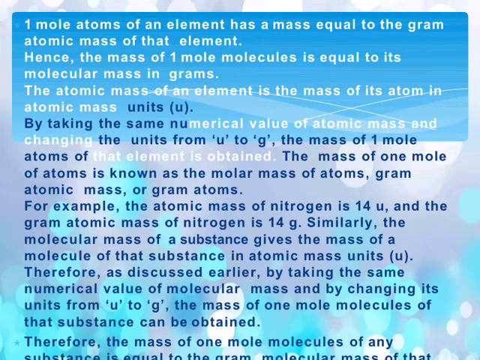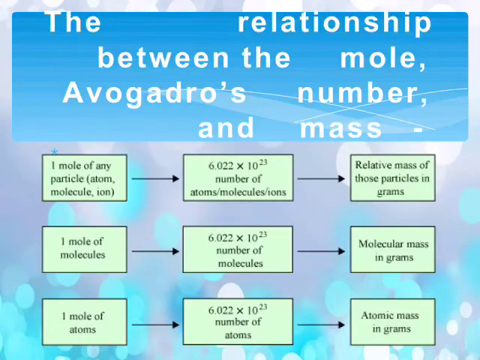Therefore, the mass of 1 mole of molecules of any substance is equal to the gram molecular mass of that substance. So 1 mole of a substance has mass equal to its gram atomic mass.